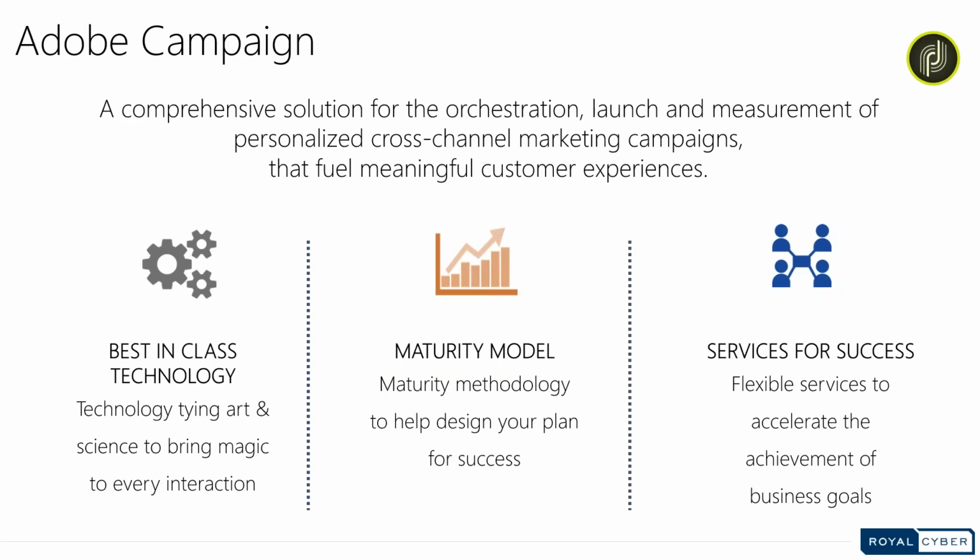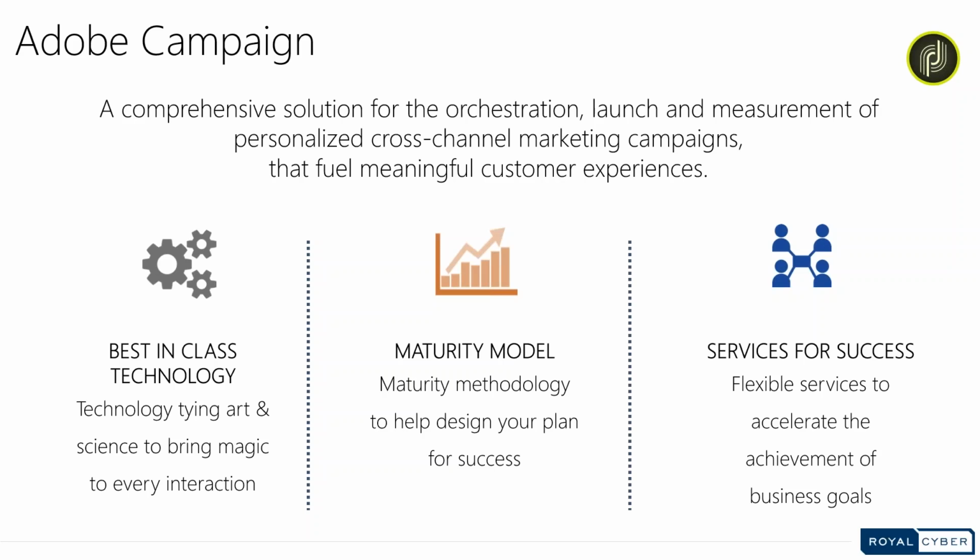When we talk about technology, Campaign has different options for you, whether you want to be on the cloud or you want to have it as a separate install product. And another factor, being a digital marketer, is that if today you're using any other Adobe products, it provides smooth integration with other Adobe channels. That is a very key factor.